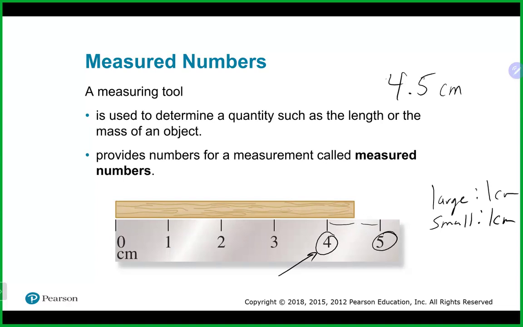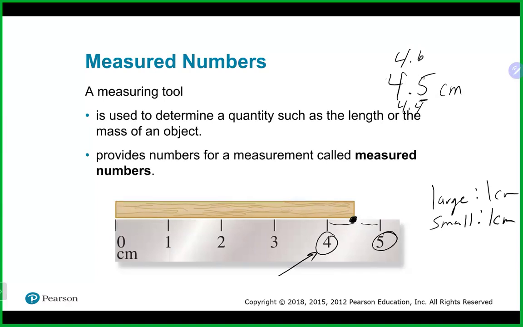This number here would have how many significant figures? It would have 2. The uncertain number is the 5. Again, we're saying I think it's 4.5, but maybe it's 4.6 on the high end, maybe it's 4.4, and that's reasonable because that's the area where we're guessing.